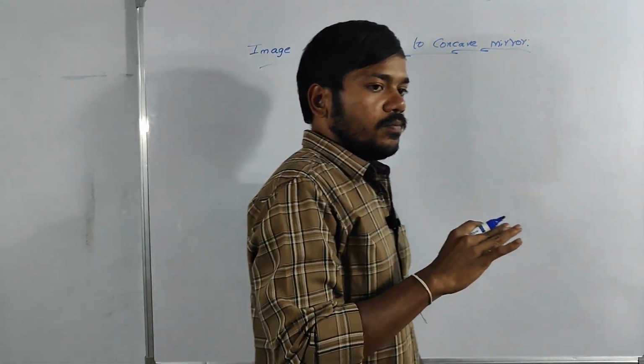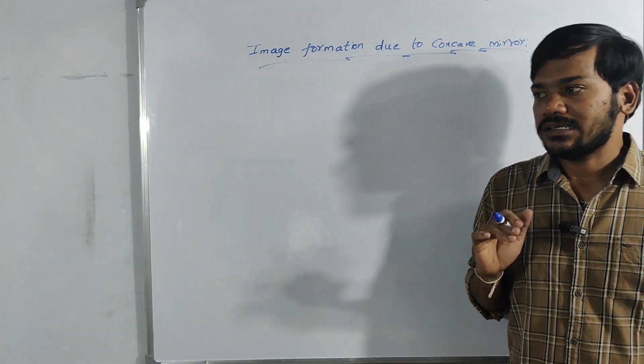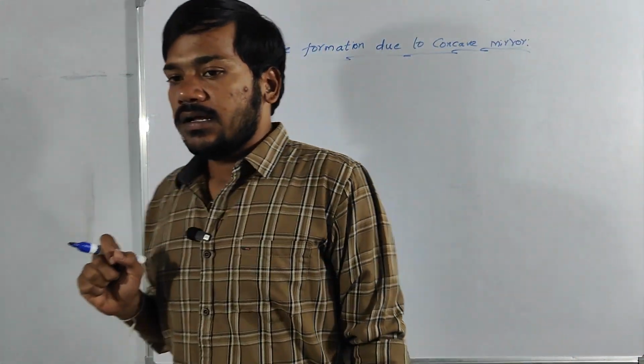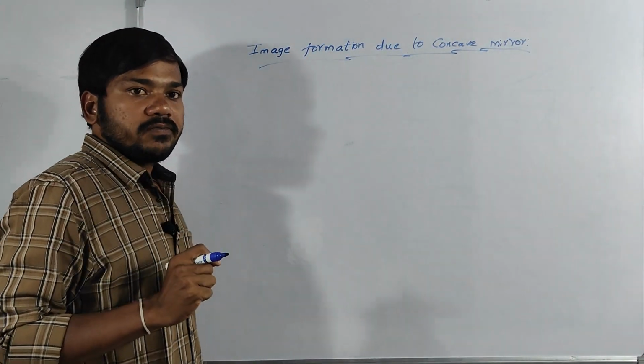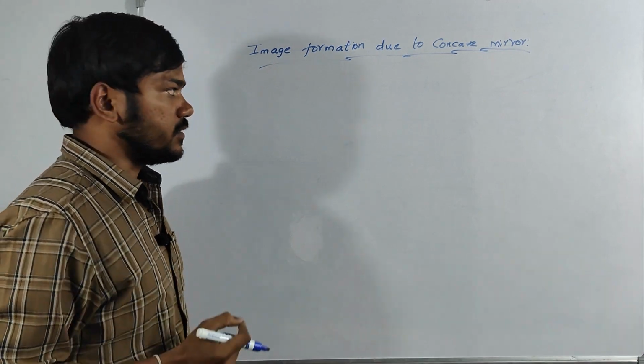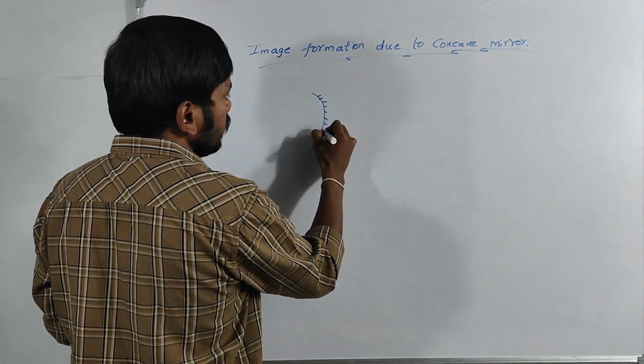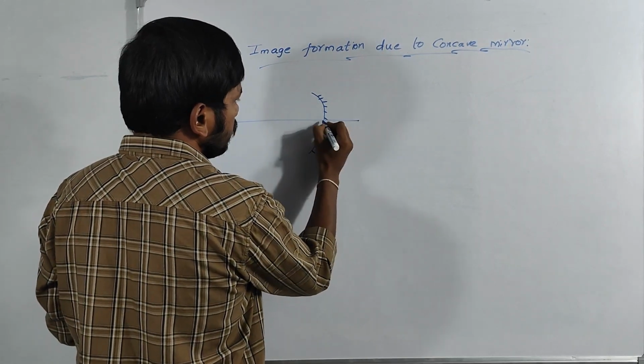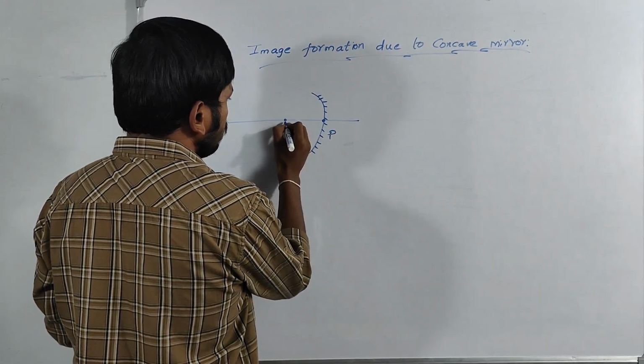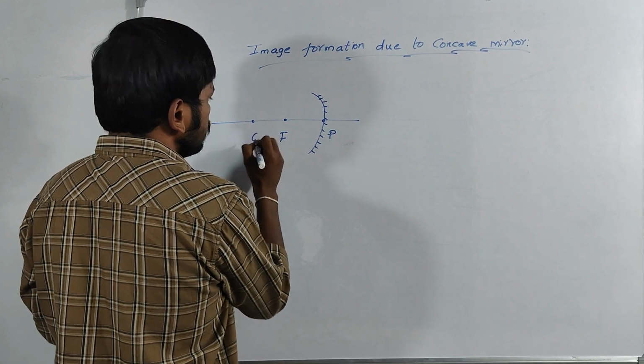Before discussing the cases involved, let us discuss some of the reference points which we discussed yesterday. I am taking a concave mirror; you can even take a convex mirror also. Pole, focus, center of curvature.